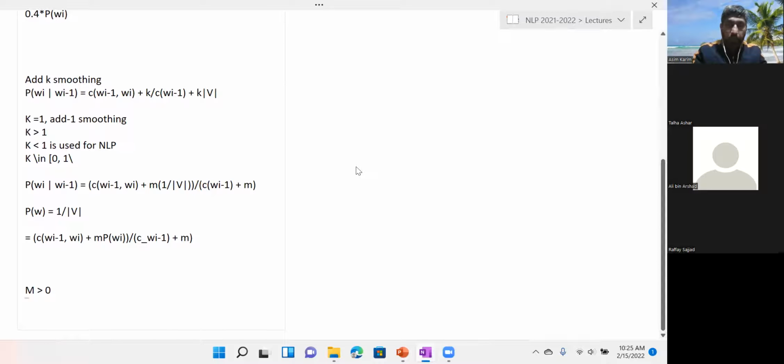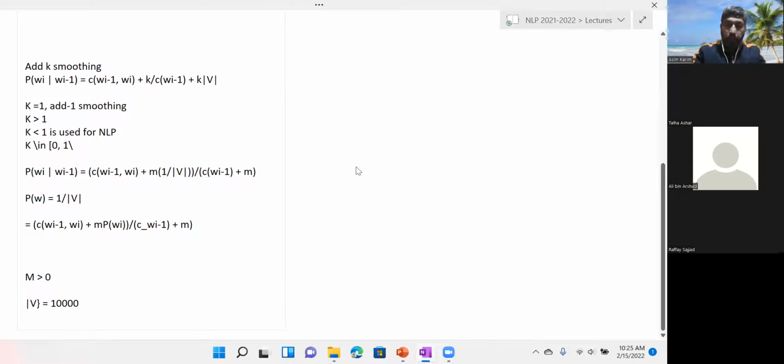Generally this M would be relatively large. So for example, let's say you have a vocabulary size of, let me say, 10,000. So the uniform probability would be 1 divided by V, which would be 1 over 10,000, right?